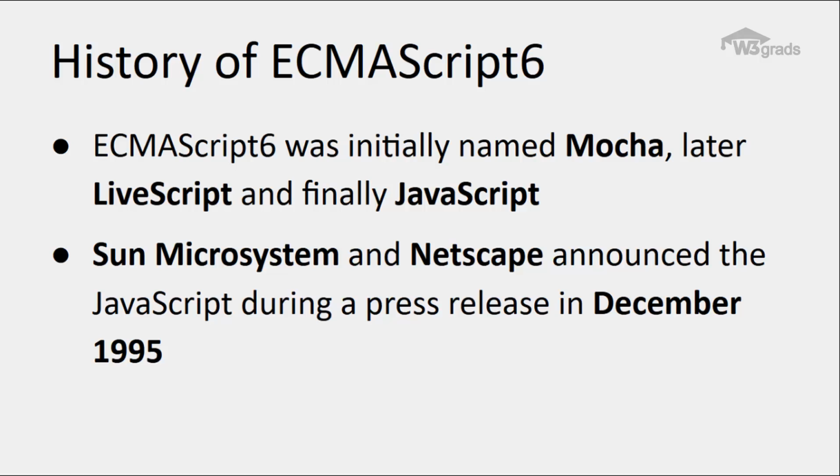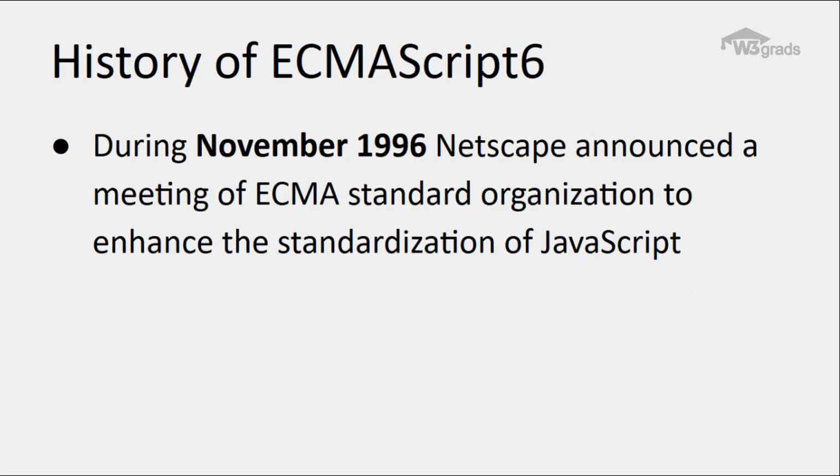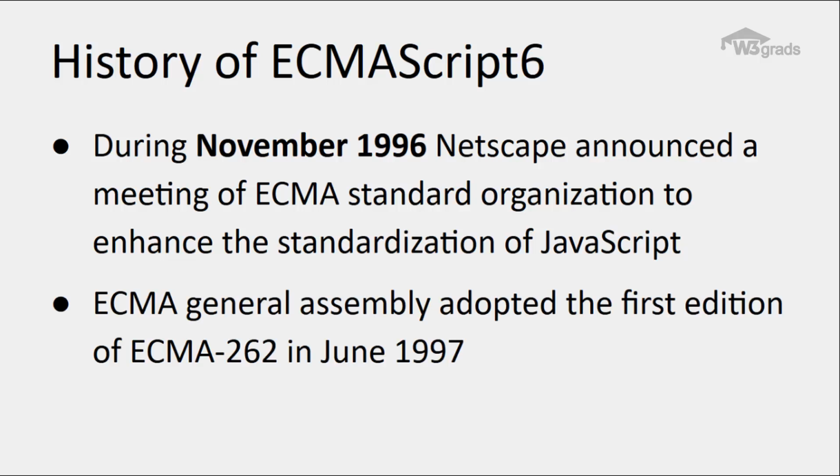In December 1995, Sun Microsystems and Netscape announced JavaScript during a press release. During November 1996, Netscape announced a meeting of the ECMA International Standard Organization to enhance the standardization of JavaScript. The ECMA General Assembly adopted the first edition of ECMA 262 in June 1997.